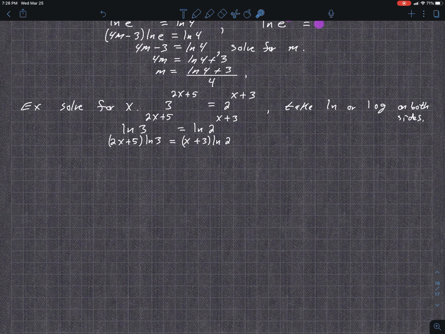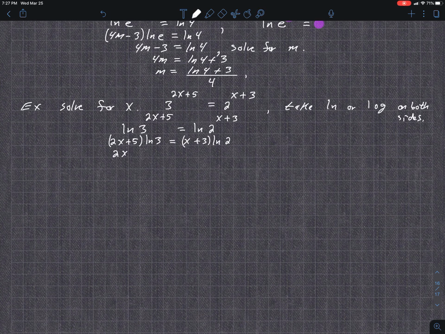All right, so now the goal here is to isolate x. So to isolate x, what do you do first? Yes, you distribute first. You got to treat this ln 2 like a constant, like a or b or pi or something.